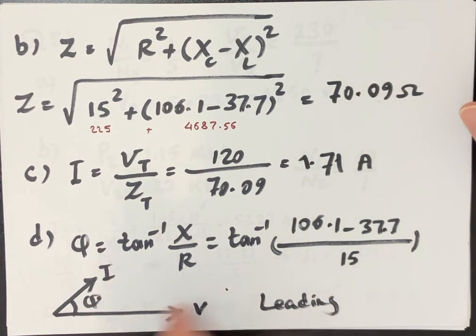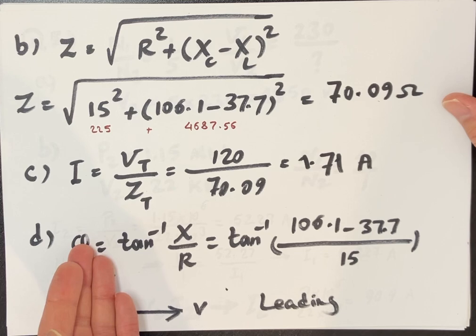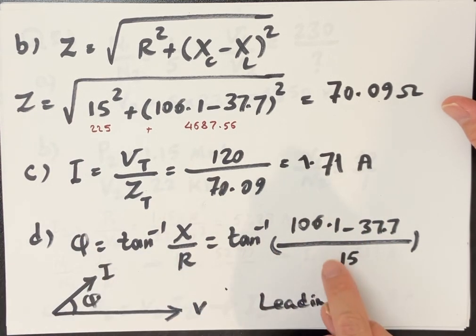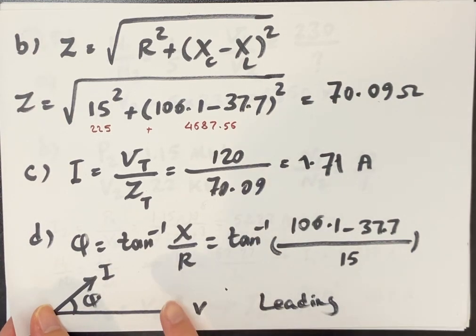I've not done this, but you can use your calculator to see firstly what is this value, and then what angle has this as its tangent. Here, as capacitive reactance is greater than inductive reactance, the system is leading, current leads the voltage, and this is the phi you obtained here.